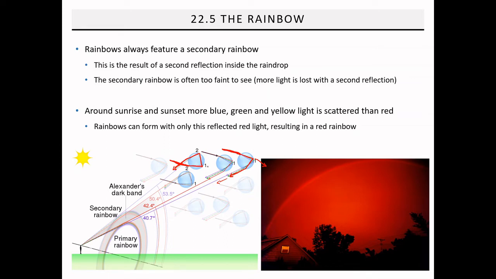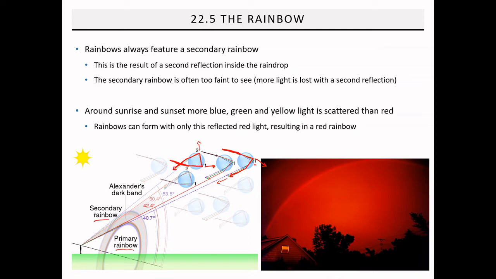In the second case, you have one reflection where some of the light is transmitted out the back, and then you have a second reflection where even more of the light is transmitted outside of the raindrop. So by the time that light reflects all the way back to the left, more of it is lost. This is why the primary rainbow is due to one reflection, and it ends up being brighter than the secondary rainbow.